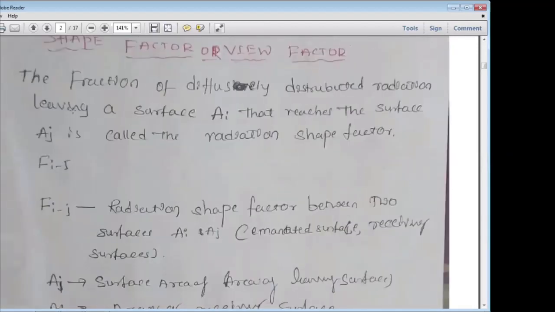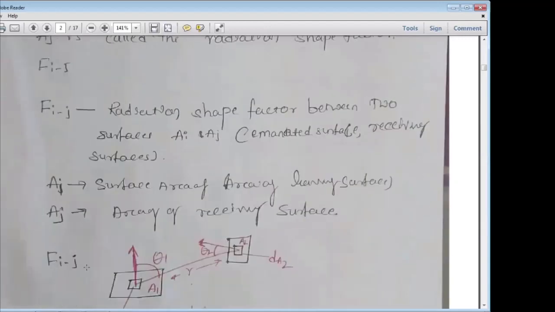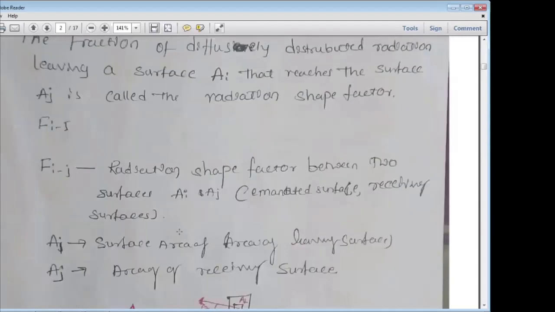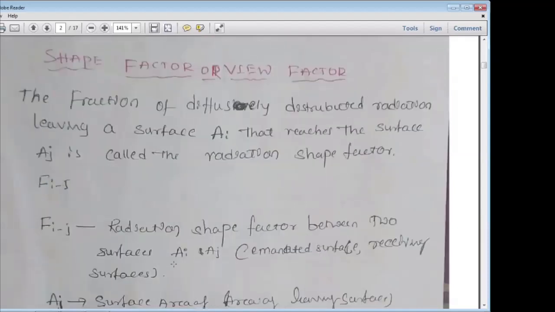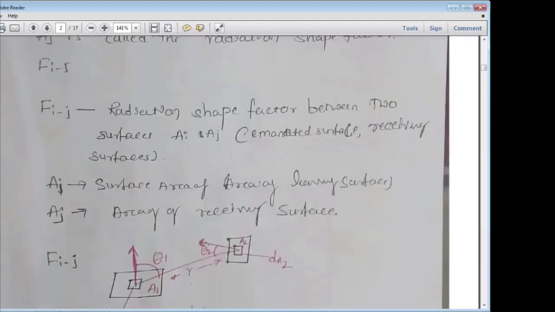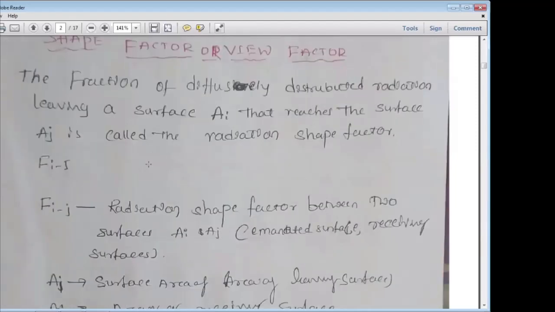How do you define that? The fraction of diffusively distributed radiation leaving surface area Ai that reaches the surface area Aj is called the radiation shape factor or view factor Fij.